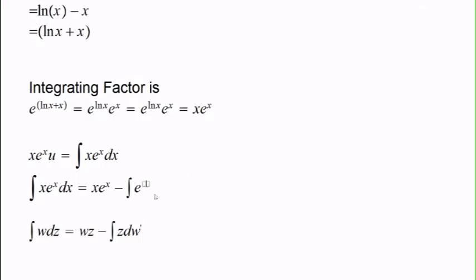So I get e to the x, and w is x, so dw is dx, so this becomes x e to the power x minus e to the power x, and we may put a constant at the end that we have to determine.